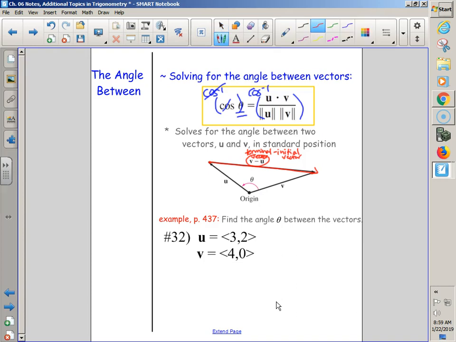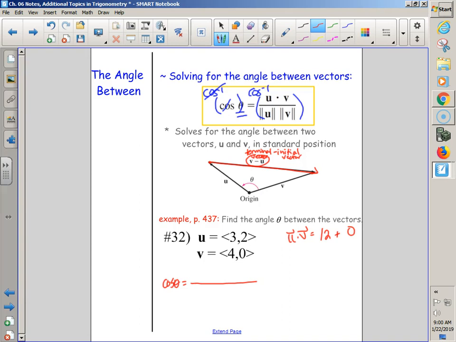Cosine of theta is equal to, what do we need? First thing, don't we need the dot product? What's the dot product of this? 12. Hold on.